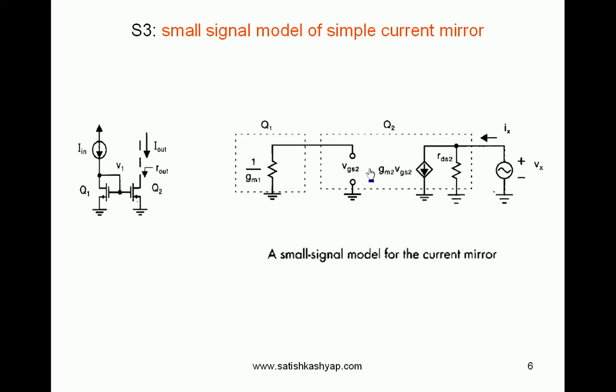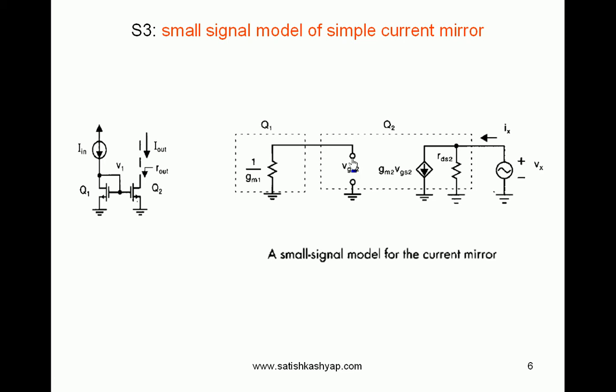Whenever VGS2 is 0, this current source GM2 into VGS2 will also become 0. That is nothing but it acts as an open circuit. So this branch is 0, and what we are left with is only RDS2. Are you understanding this point?